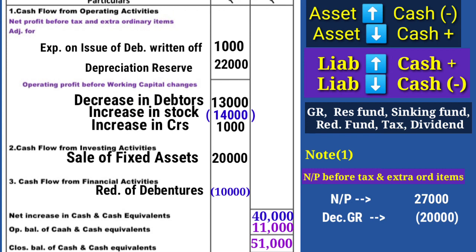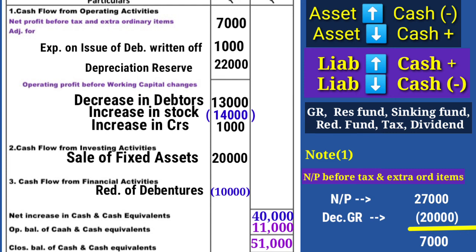If tax is there, we will deduct it, but here there is no tax. Now see the net profit. Net profit 27,000 less general reserve 20,000. The balance amount is 7,000. This 7,000 I will write here as net profit before taxation and extraordinary item, plus 7,000.